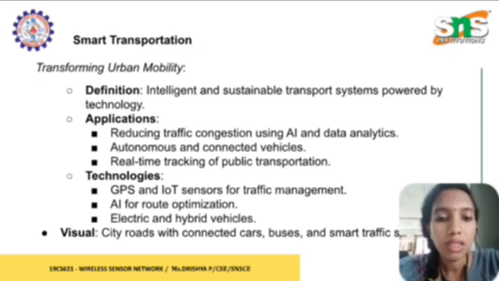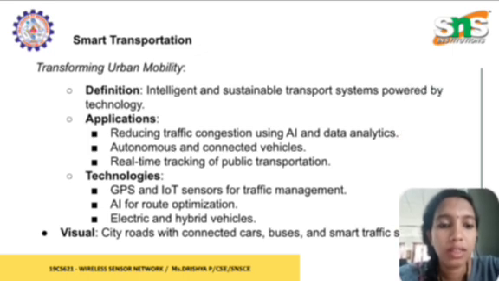In the background of this application, some technologies are used, like GPS and IoT sensors for traffic management, AI for route optimization, which finds out the routes where traffic is high, and electric and hybrid vehicles. Then city roads with connected cars, buses and smart traffic signals.